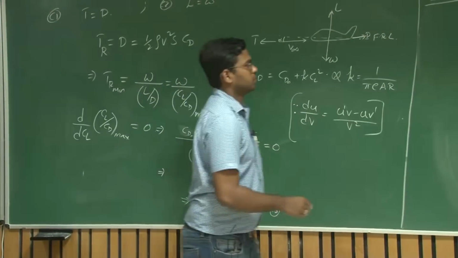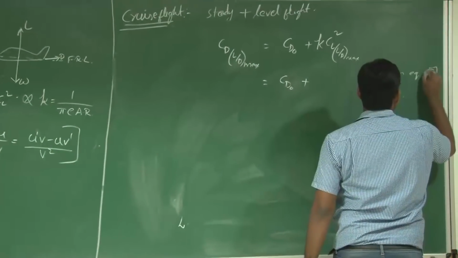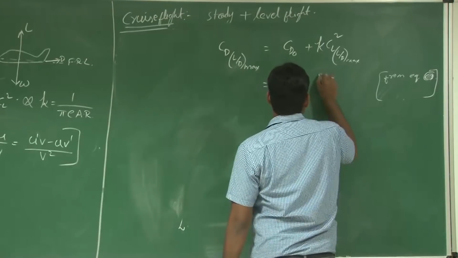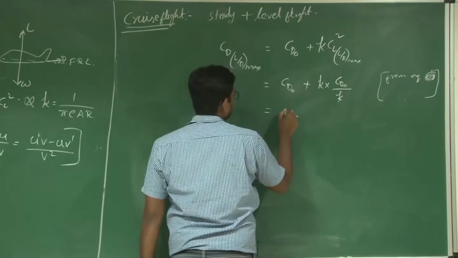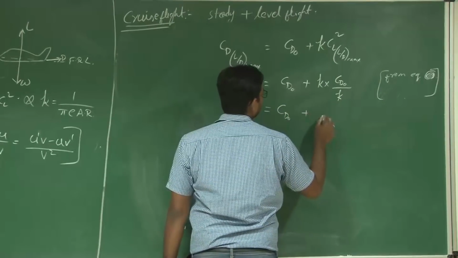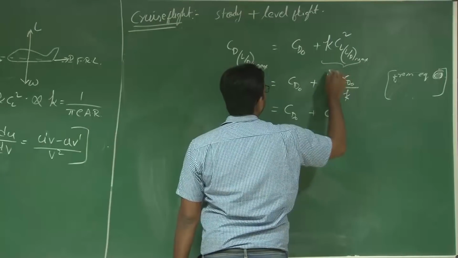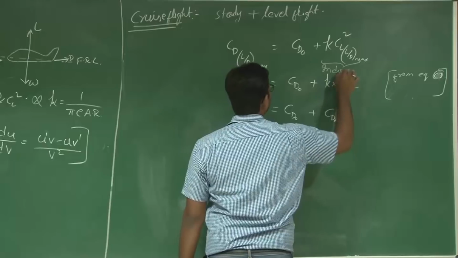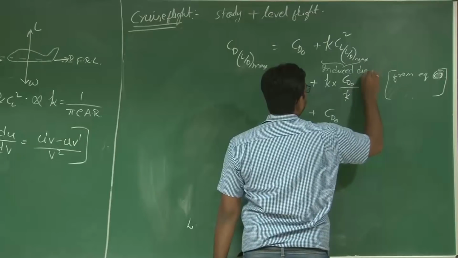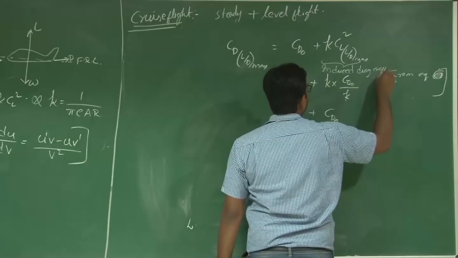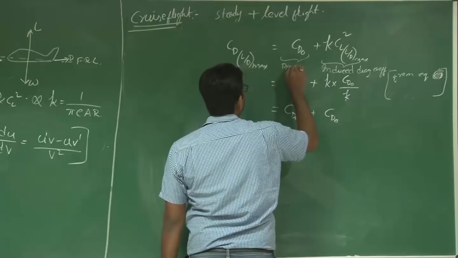This is K into CD naught by K, which is equal to CD naught plus CD naught. This particular term is known as the induced drag coefficient, and this is the profile drag coefficient.